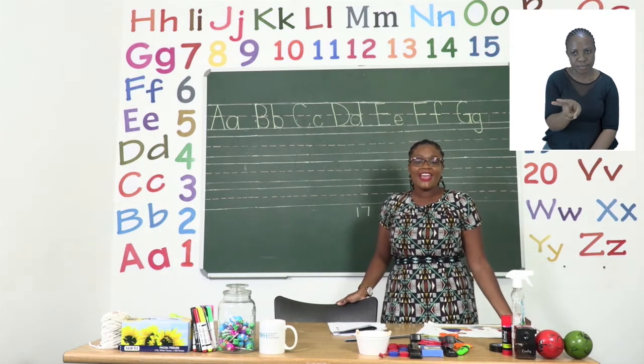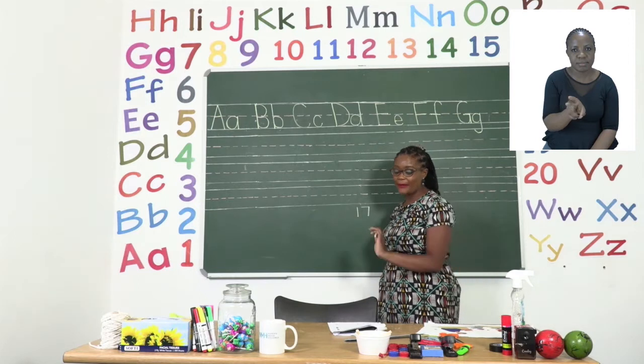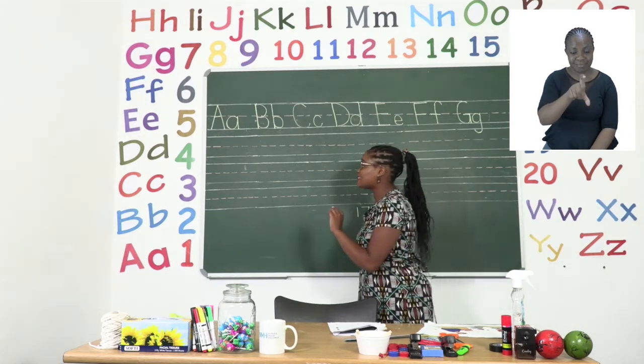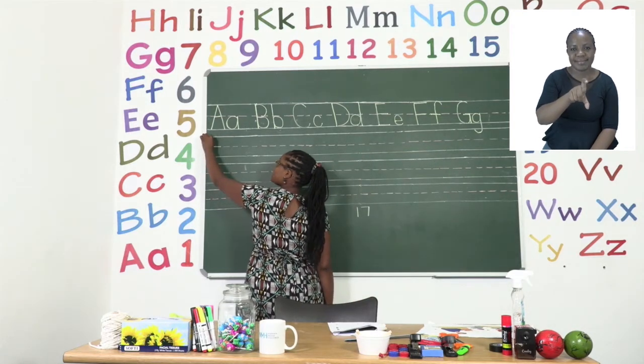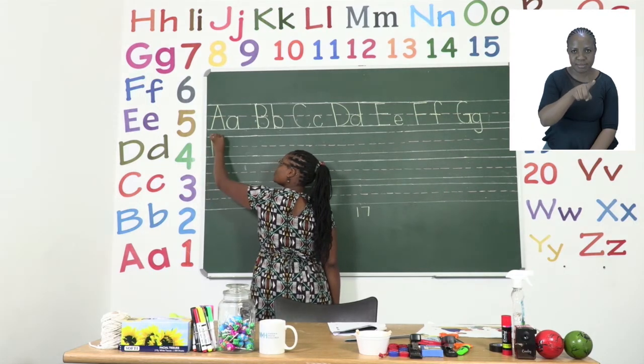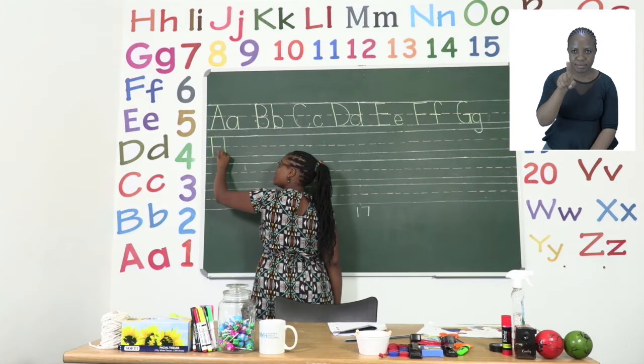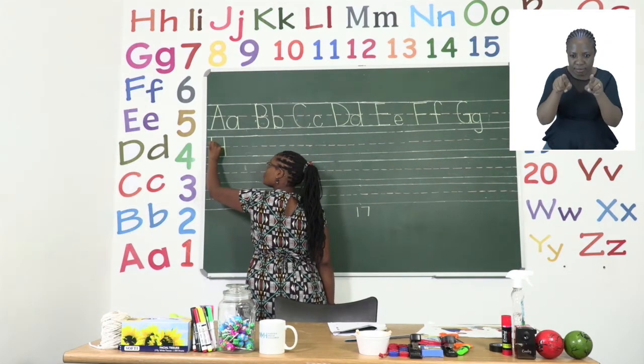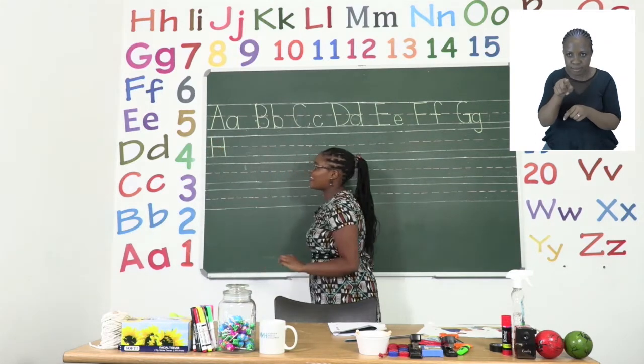Now H has a unique way of showing who he is. He has his arms and legs straight up and then his body across. There he is.